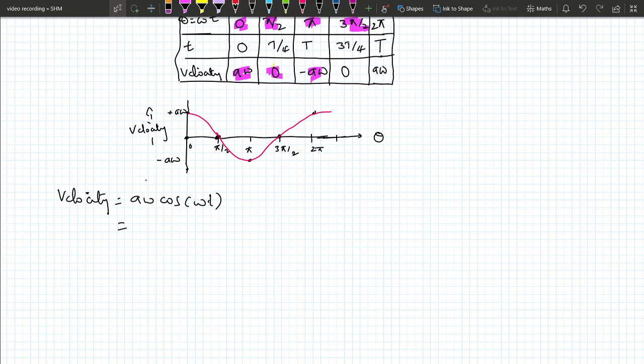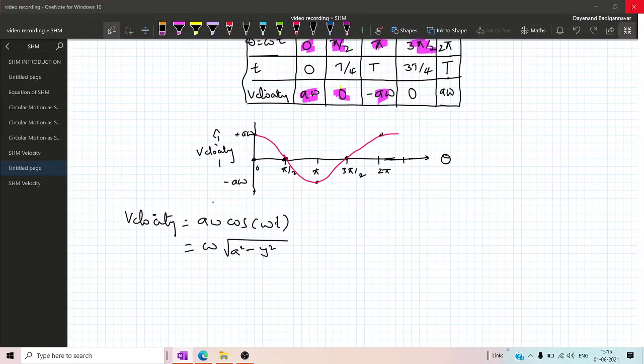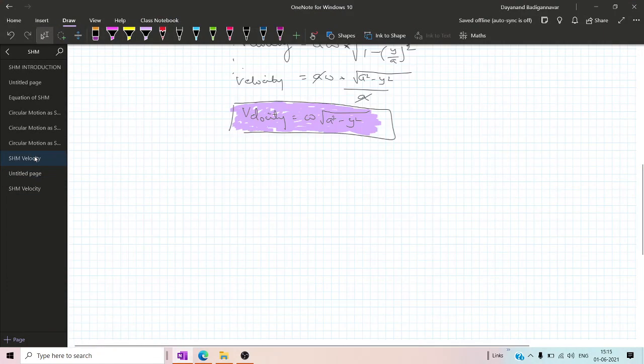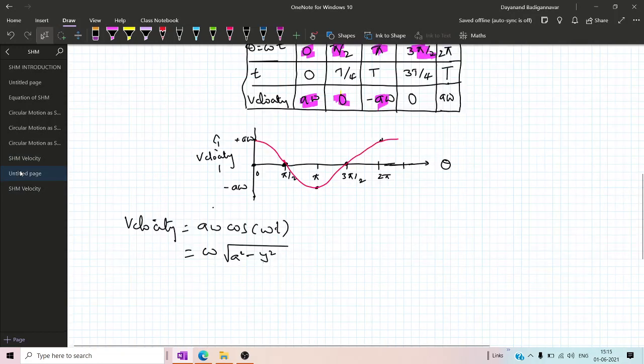There is one other form, omega into the square root of a square minus y square. So you can easily write the conditions in the other way also.